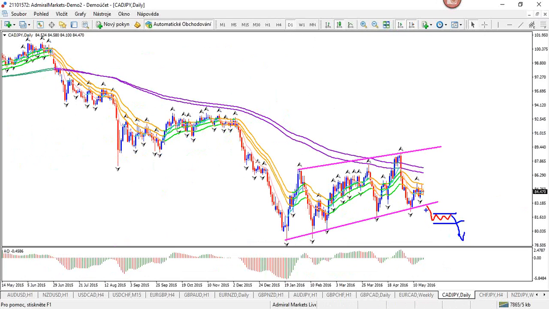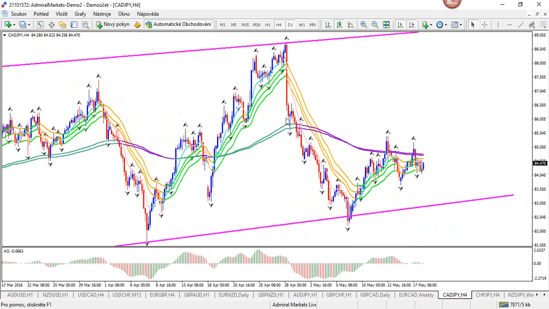All right, because on the daily chart we see a pattern. The 4-hour chart, I don't see much of a pattern. I see impulse, impulse. Maybe if price breaks above this trend line. I don't know.